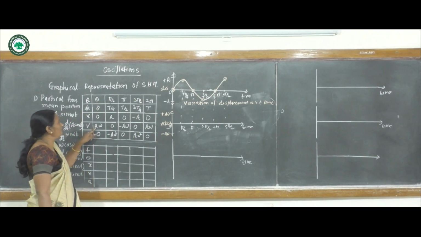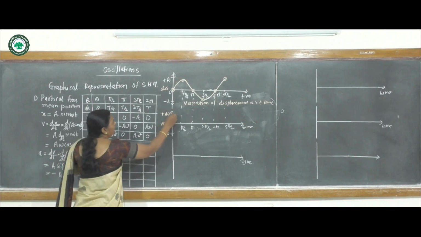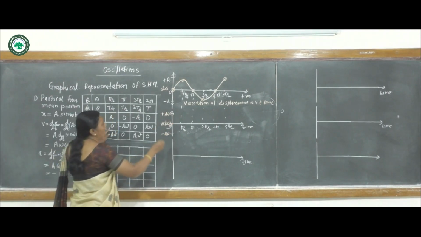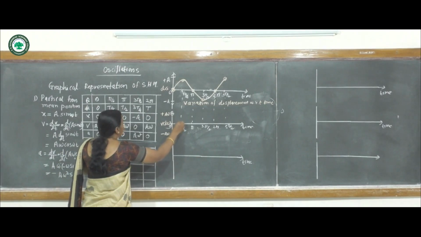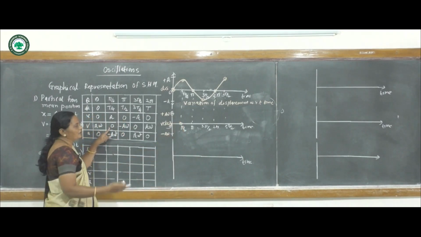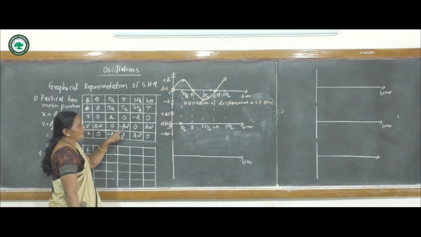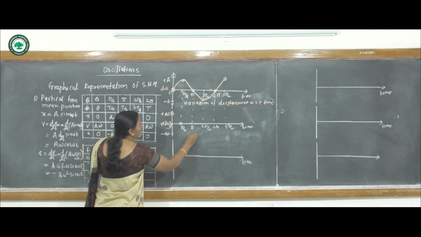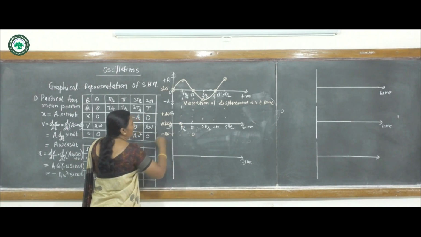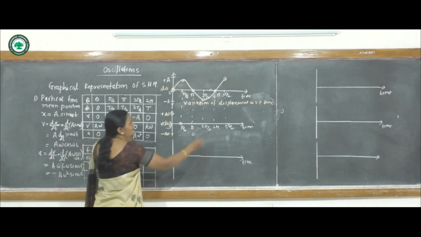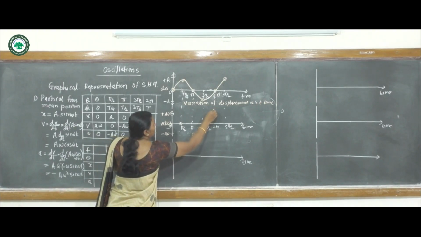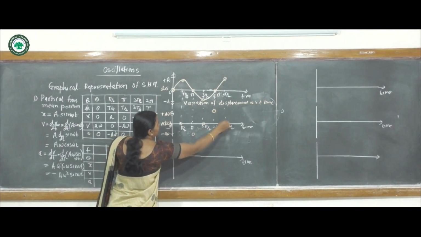The initial value at mean position at 0 is maximum here. Then at pi by 2, it has value 0. That is, at extreme position the velocity is 0. Then again at mean position, it has the negative extreme value, minus a omega. Again it is 0, then plus a omega, then again it is 0.